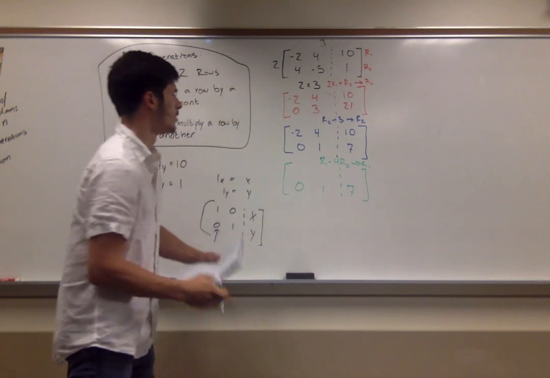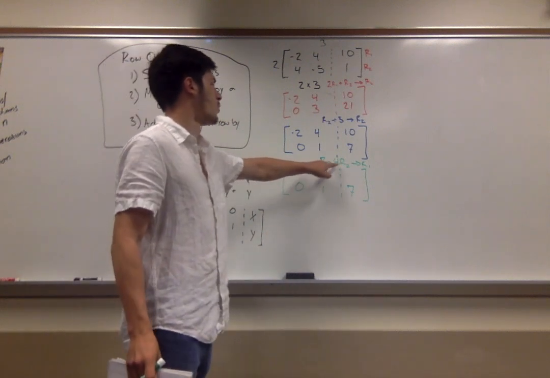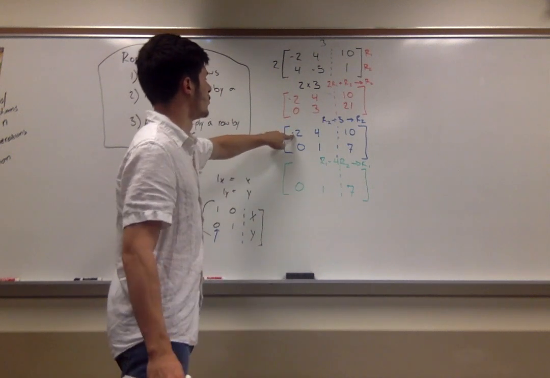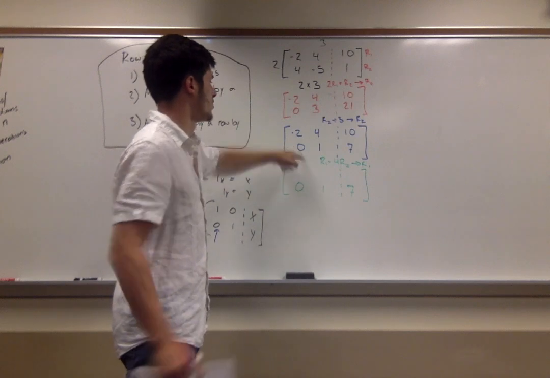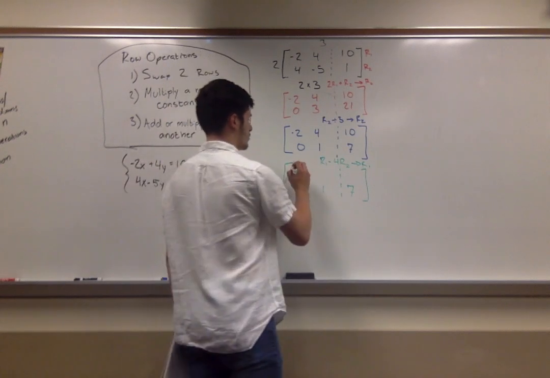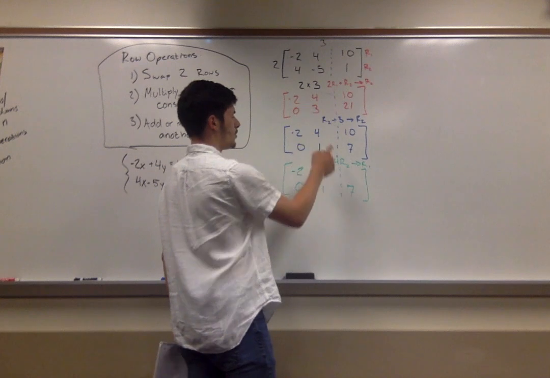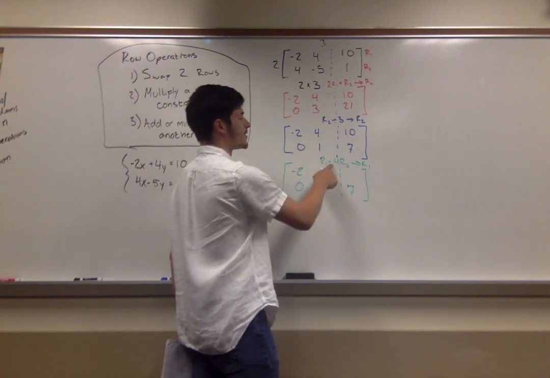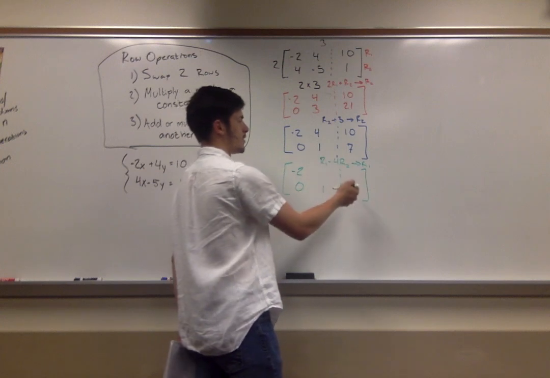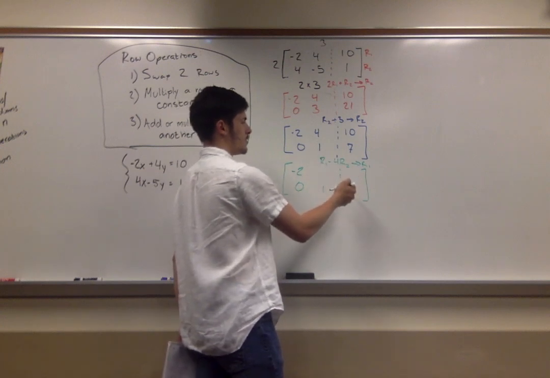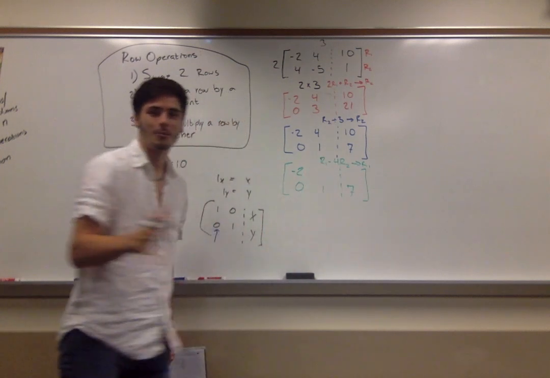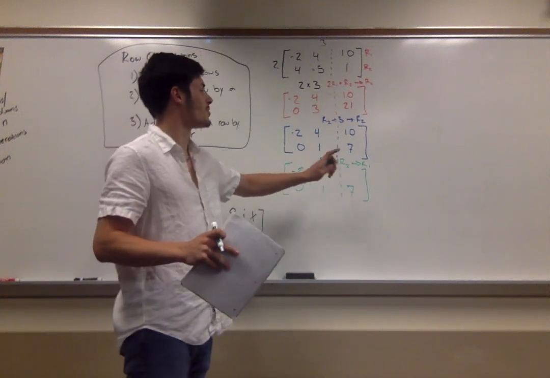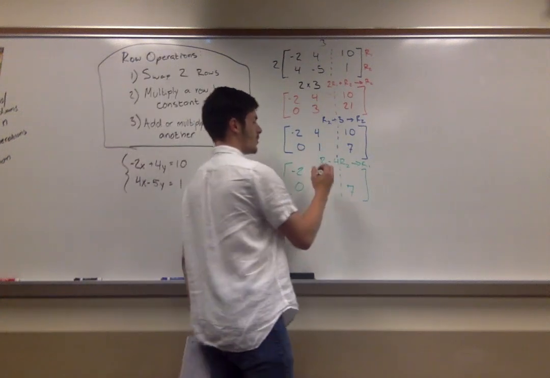Our top row, after we subtract 4R2, so -2 minus 4 times 0 is -2. Then 4 minus 4 times 1 is 0.